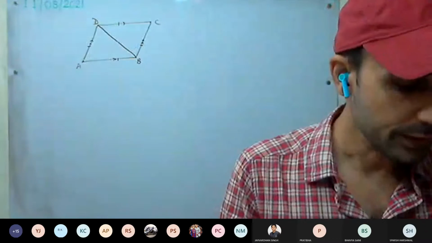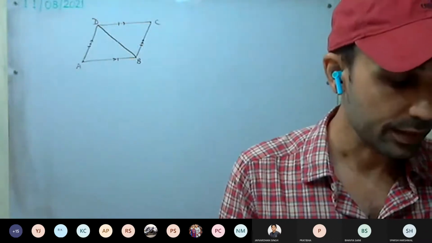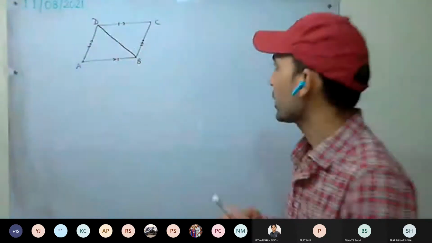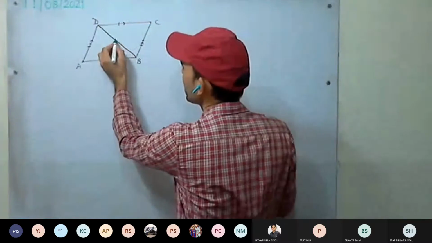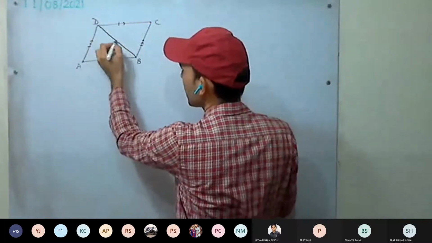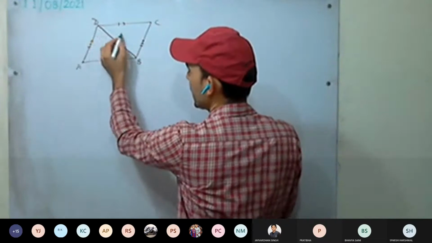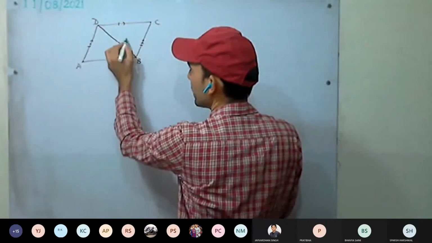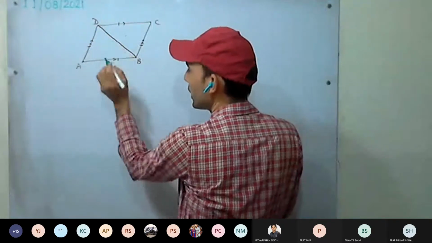Now a point O is taken inside a rhombus ABCD such that its distance from the vertices B and D are equal. So you can take point O anywhere. You can take O here. It has to be equidistant from B and D. So I'm taking point O here.